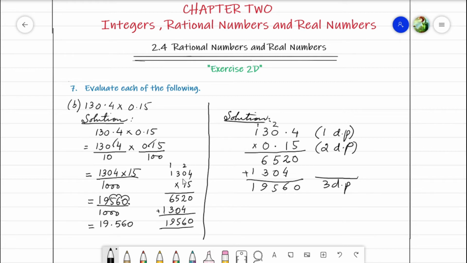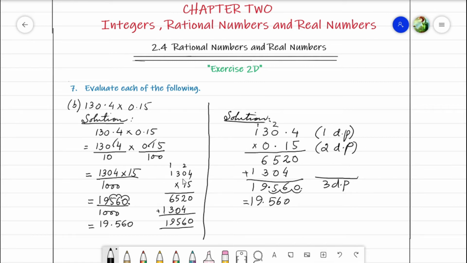I will count from the right-hand side. In your answer there is no decimal, so it would be at the end of the number after the ones place. I will shift it 1, 2, 3, and it would be over here. So your answer would be 19.560. That would be your answer.